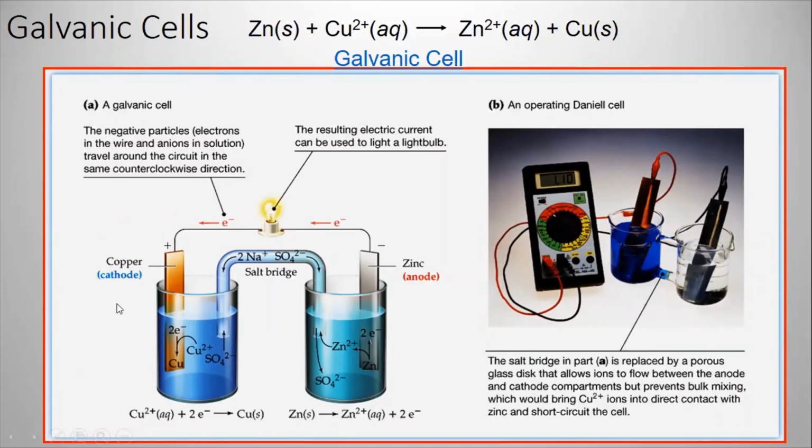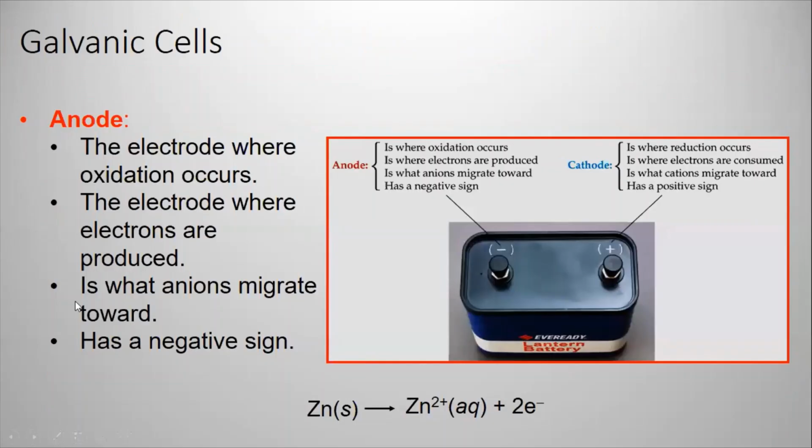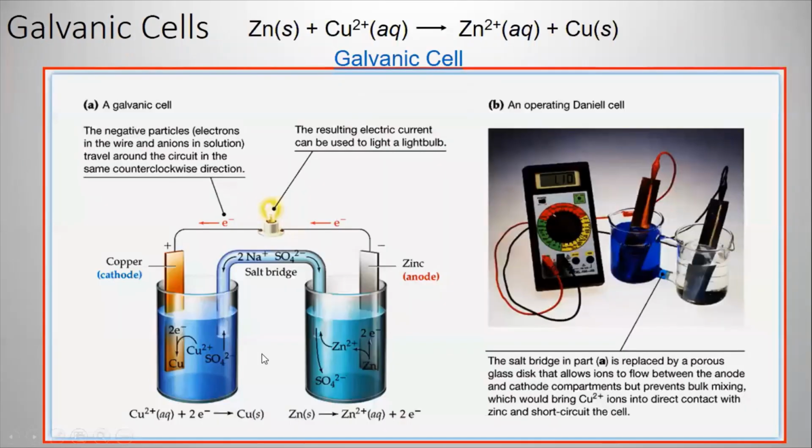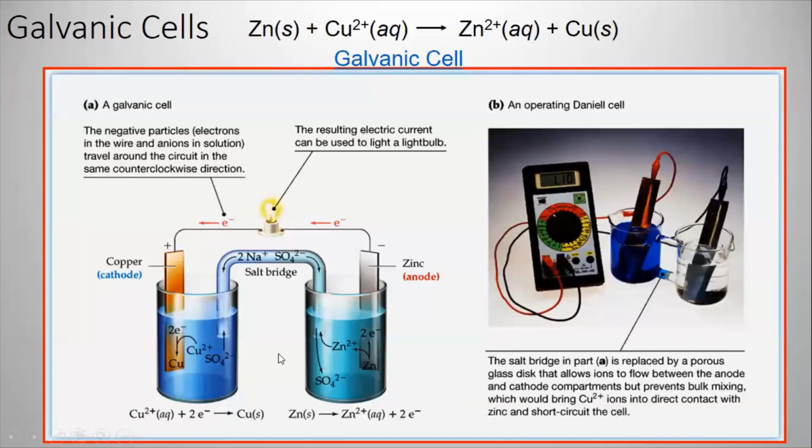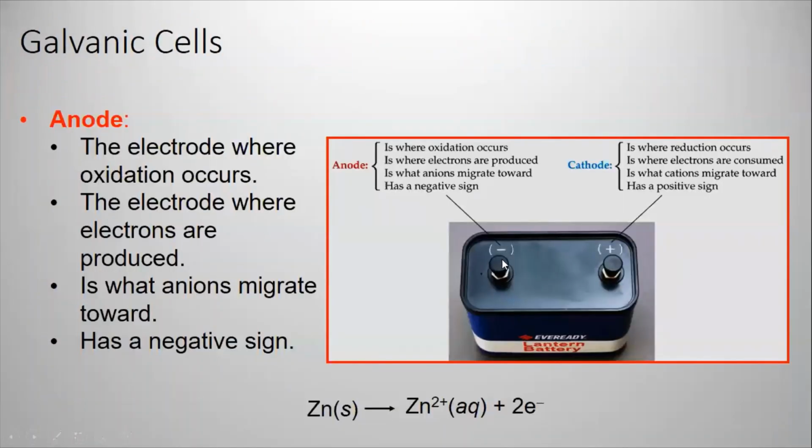I'm breaking down this slide into multiple slides to explain this particular slide. So this one here is explaining what's happening at the anode, where the anions migrate towards and has a negative sign.